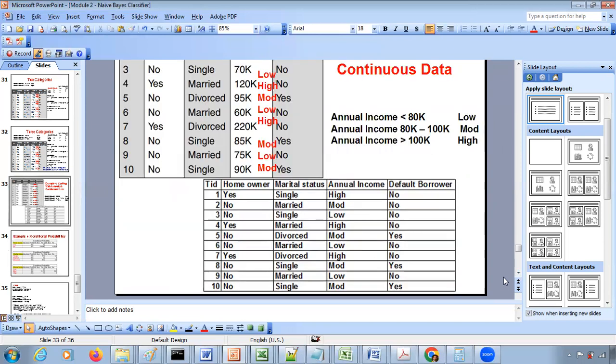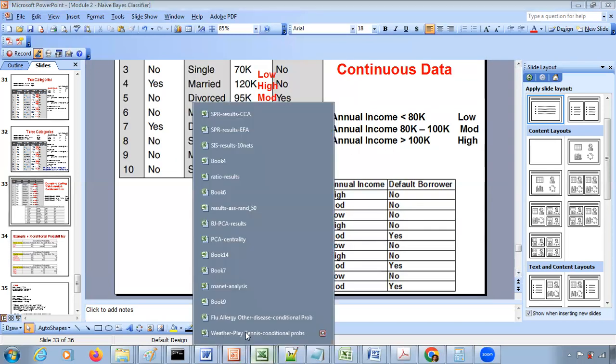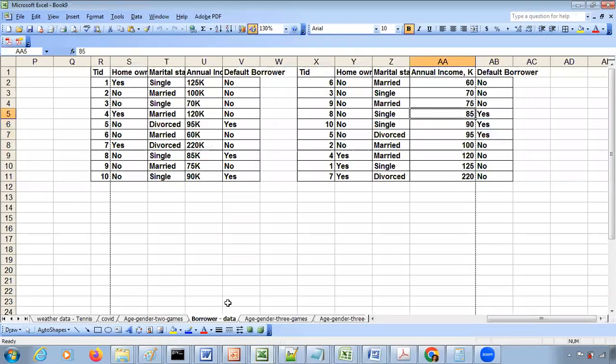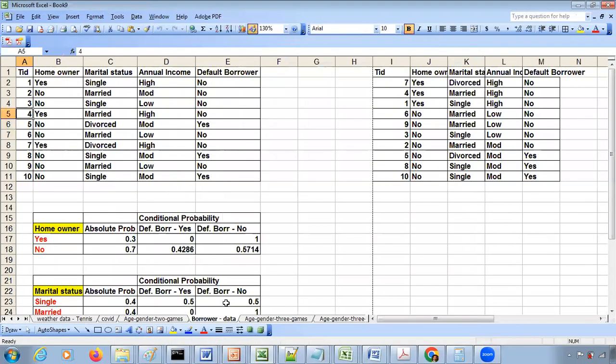So we are now at our standard way of looking at data sets for the naive-Bayes classifier, where all the features have categorical data. So let's do one thing at a time. So this is what I have here. Okay, so we can redo this.